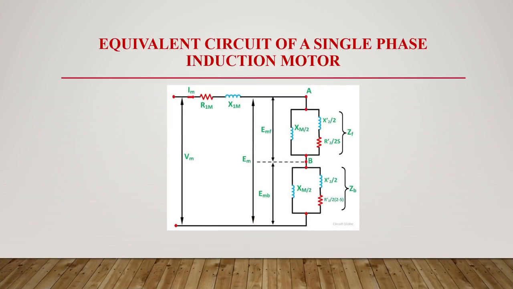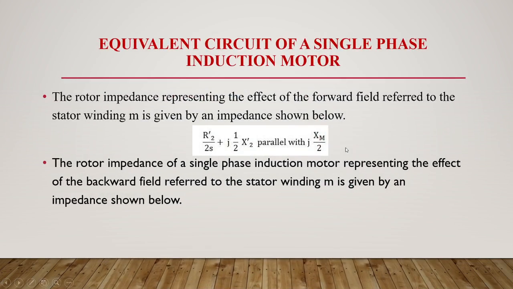So this is the equivalent circuit diagram now, where we can see that earlier our resistance was only R2 dash, but now it is changed to R2 dash by 2s on the forward side, and R2 dash by 2 into 2 minus s on the backward side. The rotor impedance representing the effect of the forward field referred to the stator winding M is R2 dash by 2s plus j X2 dash by 2, in parallel with j XM by 2.